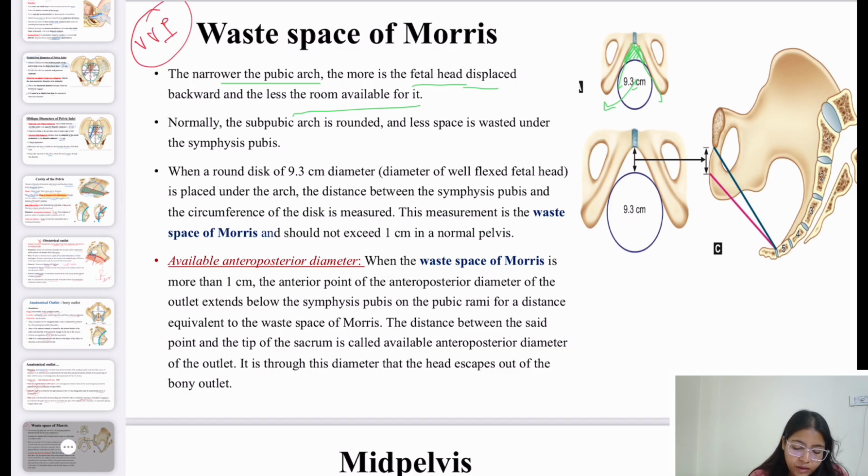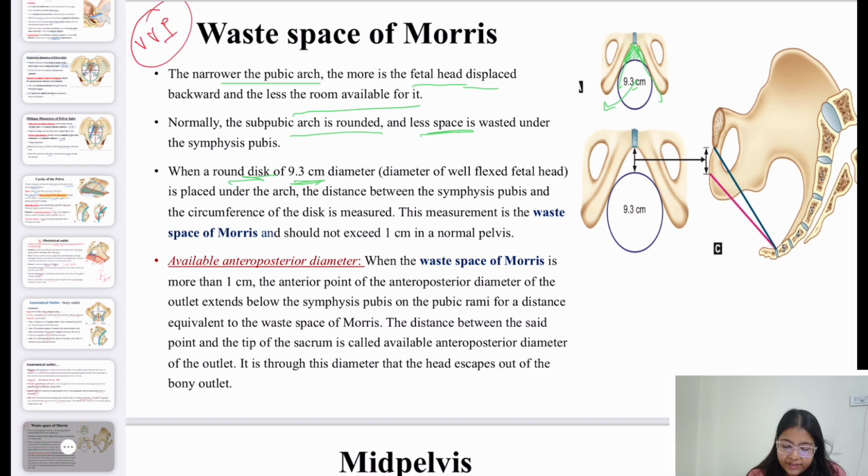Now, normally the subpubic arch is rounded in an adequate female pelvis. So imagine if you place a round disc of 9.3 cm, which is equivalent to the biparietal diameter of a well flexed fetal head, which is almost 9.5 cm.